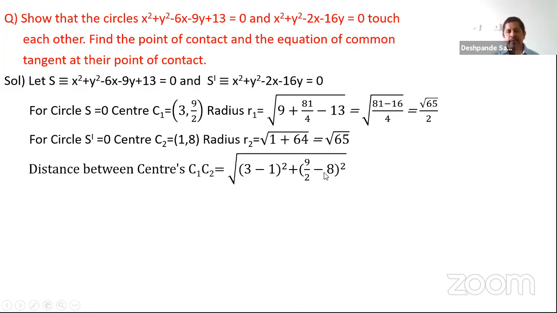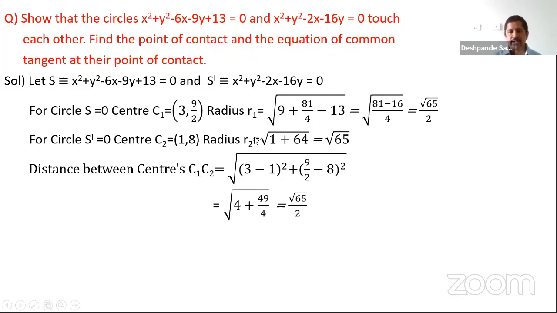And 9/2 minus 8 is (9 minus 16) by 2, which is minus 7 by 2 whole square. So you get 4 plus 49 divided by 4. Taking LCM, 4 times 4 is 16, 16 plus 49 is 65. So you get root over 65 by 4, which is root 65 by root 4, that is 2. So the distance between the two centers is root 65 by 2.